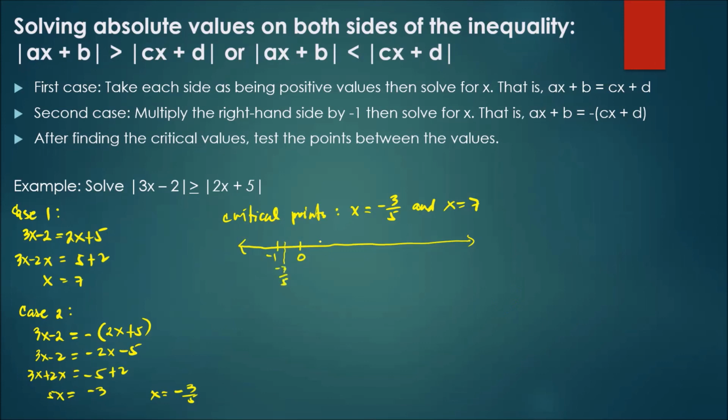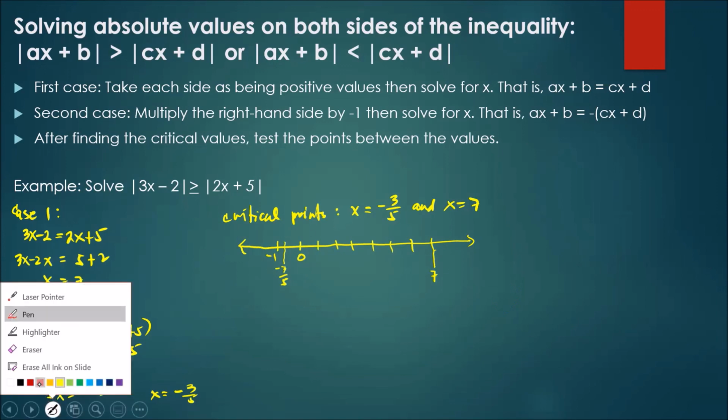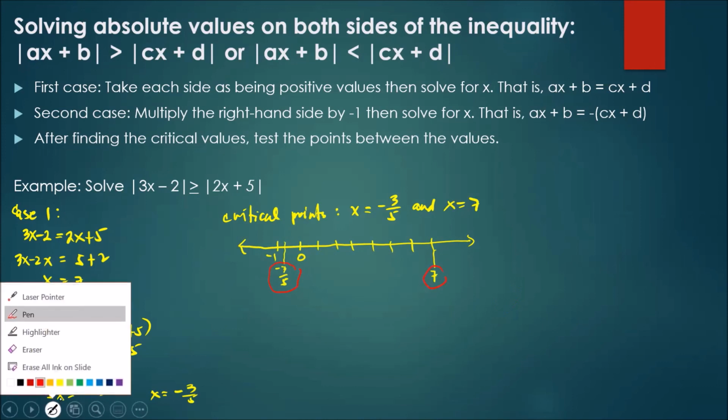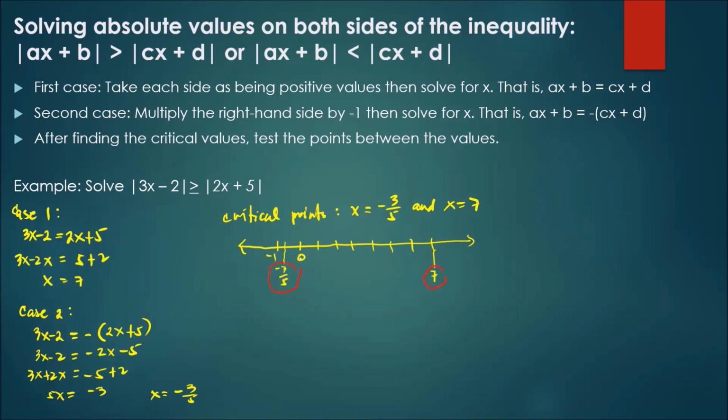So that's negative 3/5. Then we have 1, 2, 3, 4, 5, 6, 7, and this is our 7. So let us choose any value of x in between the two critical points. We can choose 0, 1, 2, 3, 4, 5, or 6.